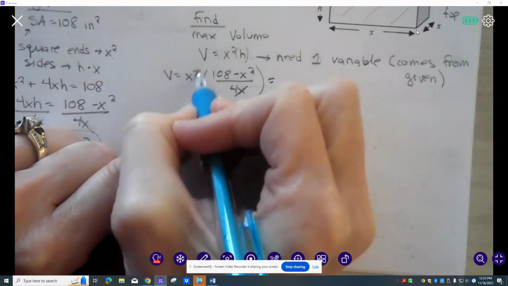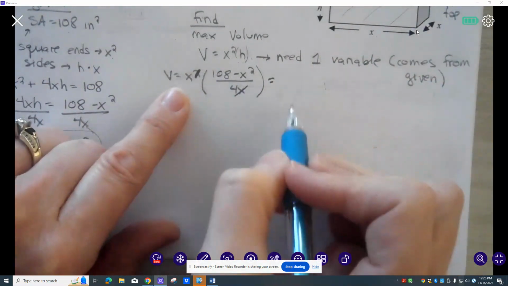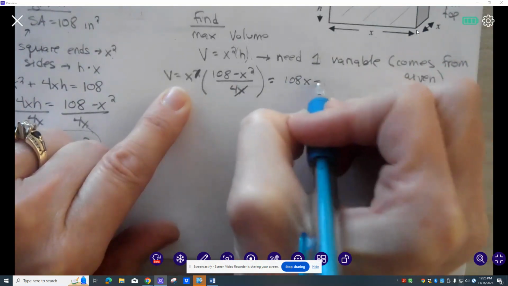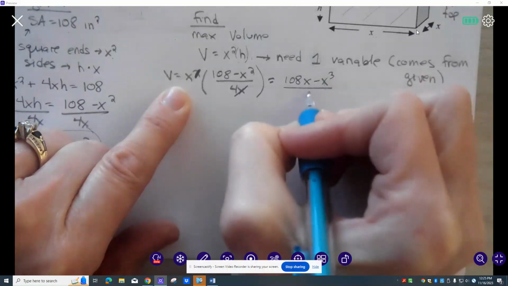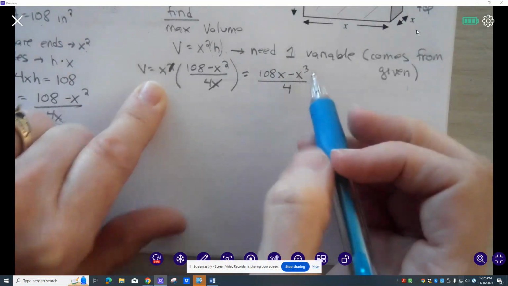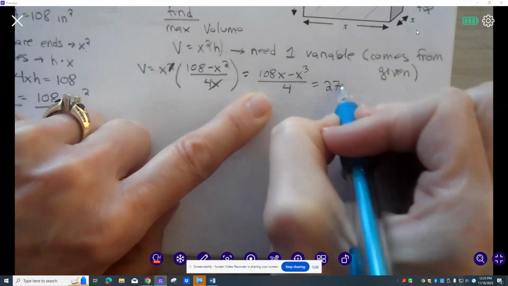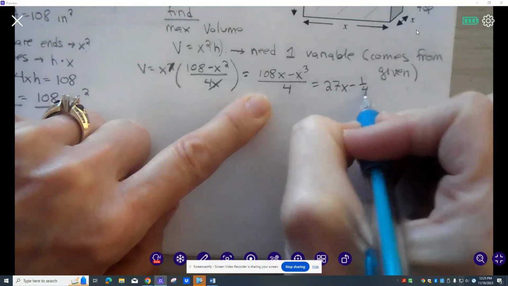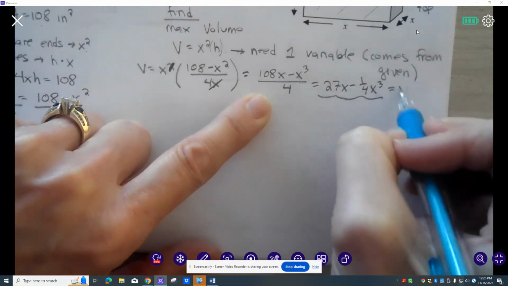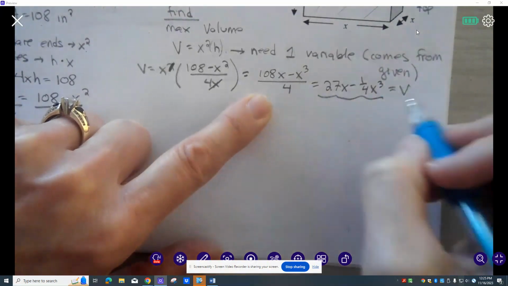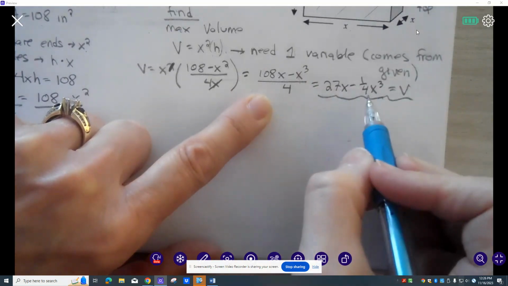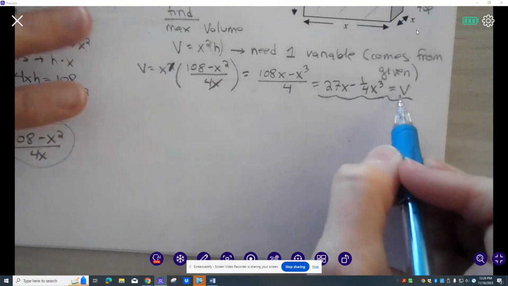This x would divide into there, so that would be 1x. If I distribute this x, I would have 108x minus x to the third over 4. If I divide that 4 into both parts, I have 27x minus 1/4 x to the third. So this is my volume. Now I need to find what x value will give me the max of this volume.